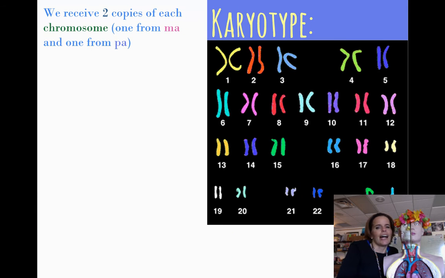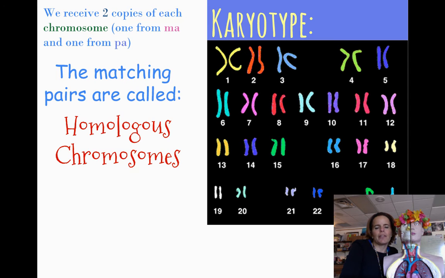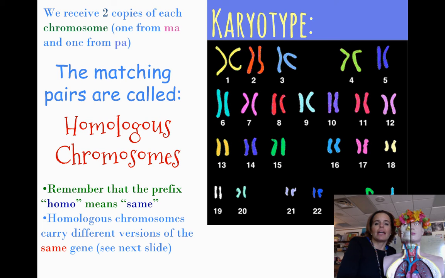All right, we've seen karyotypes before. This is just a cartoon of a karyotype, but it's just reminding you that we receive two copies of each chromosome, one from your mom and one from your dad. And they come in matching pairs, and those matching pairs are called homologous chromosomes. Remember that the prefix homo means same. These chromosomes are not the same, but they're very similar.